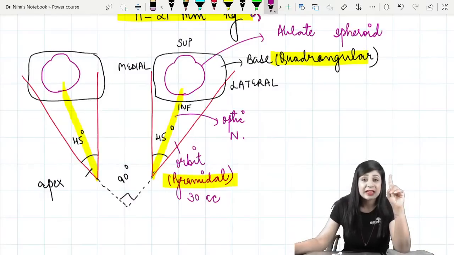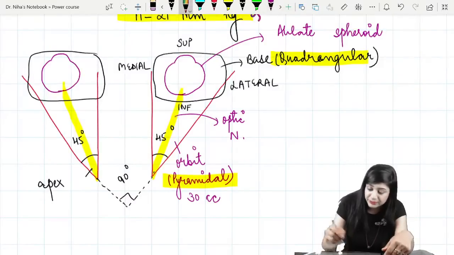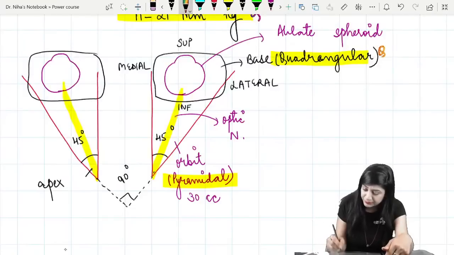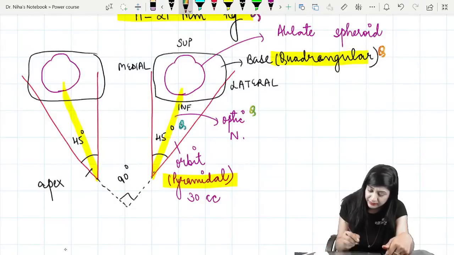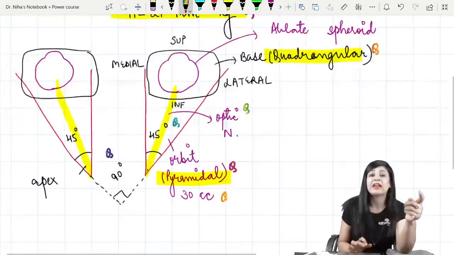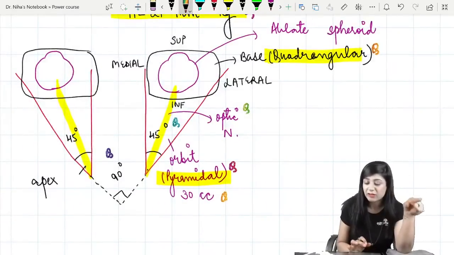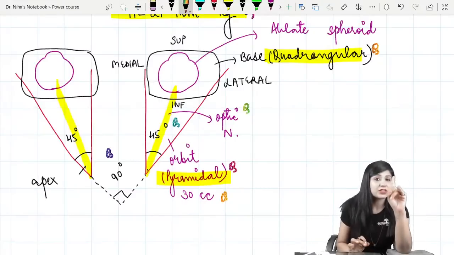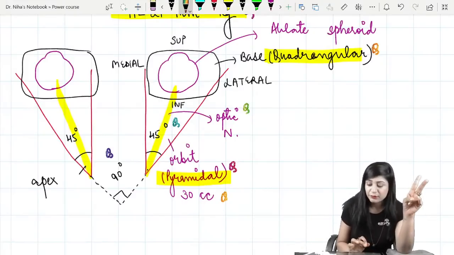So we can see the orbit, you can see its base, you can see it's quadrangular. These are the different MCQs: the optic nerve, this angle, then pyramidal, its volume. Start drawing the diagram, guys, and whoever has drawn it, keep on giving me a thumbs up. You can see the shape of the eyeball, shape of the orbit, the angles.